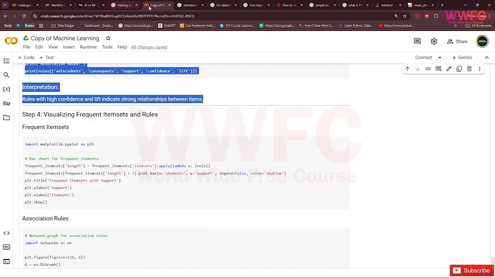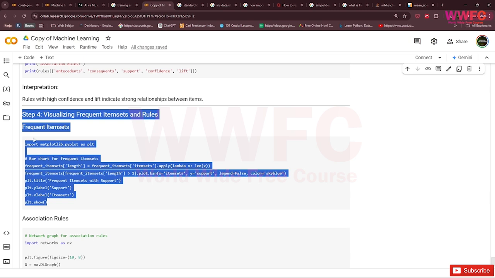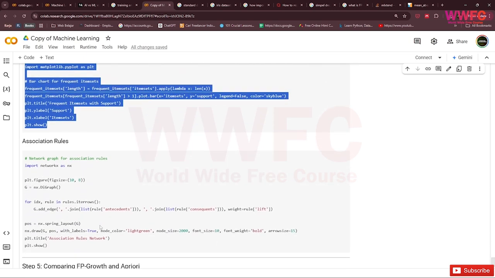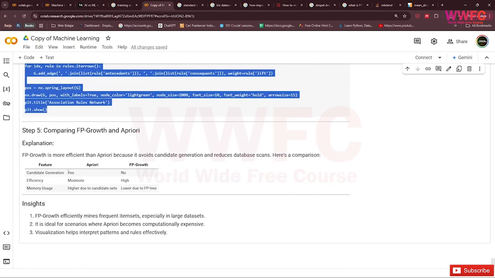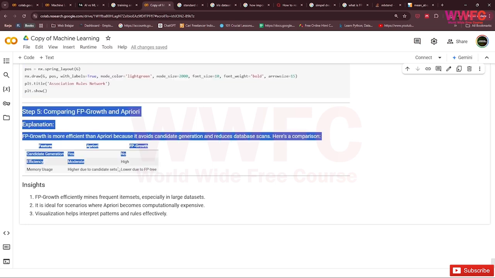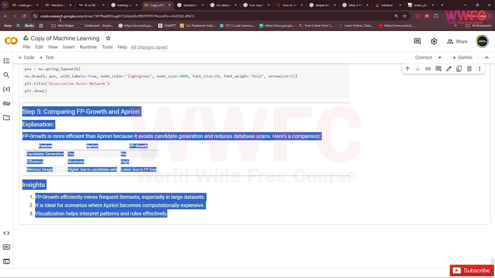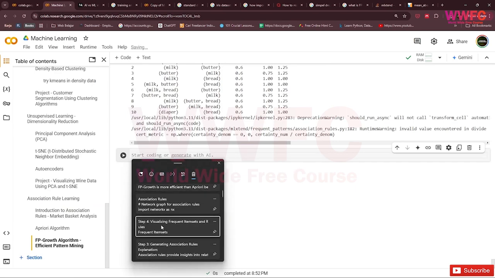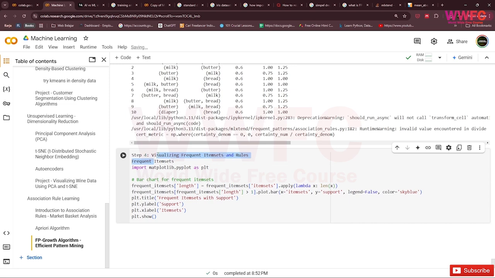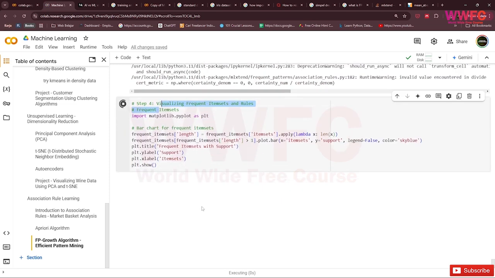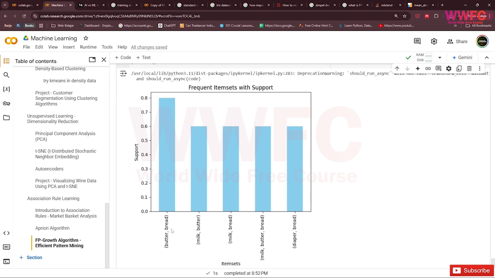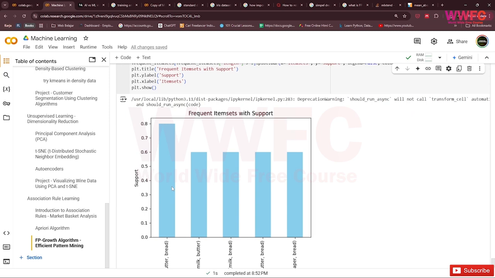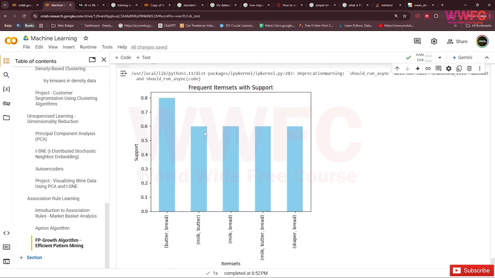And then next we visualize the itemsets. So this is the support: butter and bread is almost 80% and milk and butter is 60%.